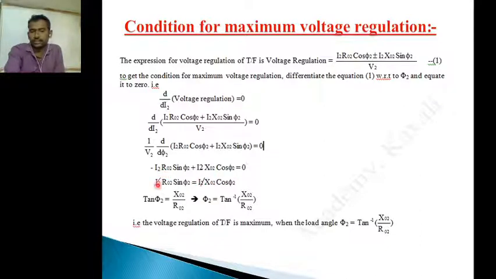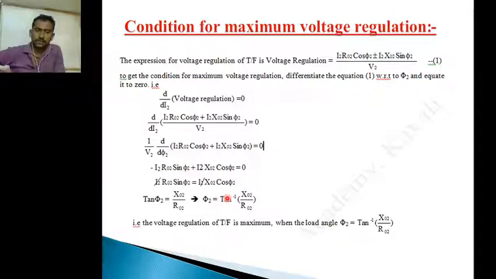I2 cancels, so R02 sin phi 2 is equal to X02 cos phi 2. So sin phi 2 divided by cos phi 2 equals tan phi 2, which equals X02 by R02. So for the maximum voltage regulation, the load angle phi 2 should be tan inverse of X02 by R02.